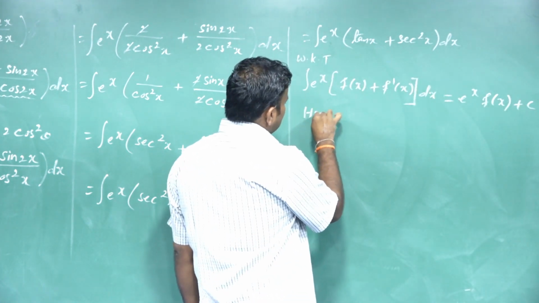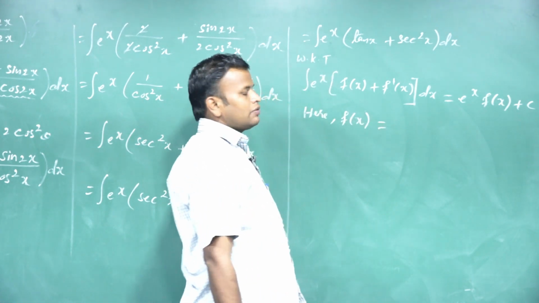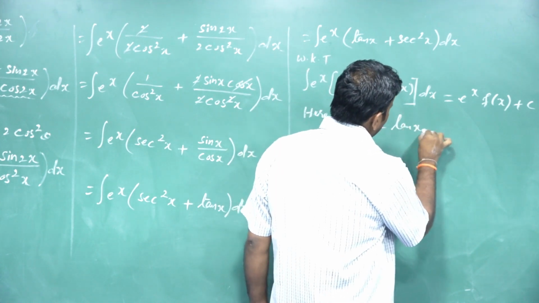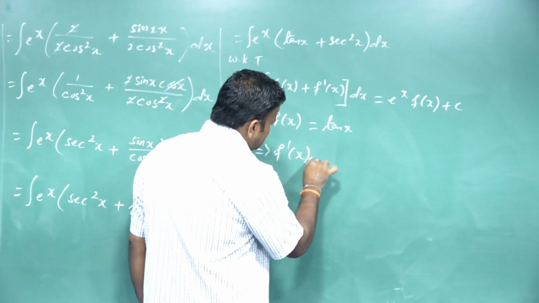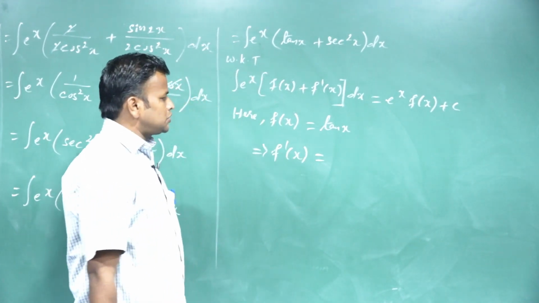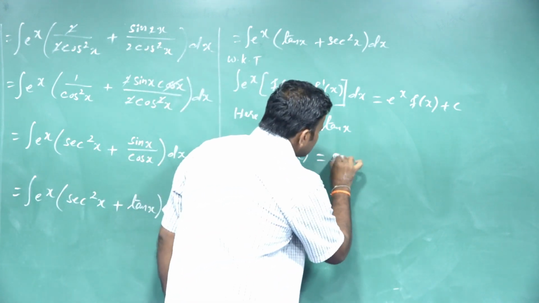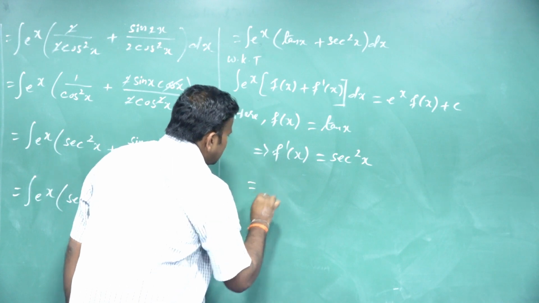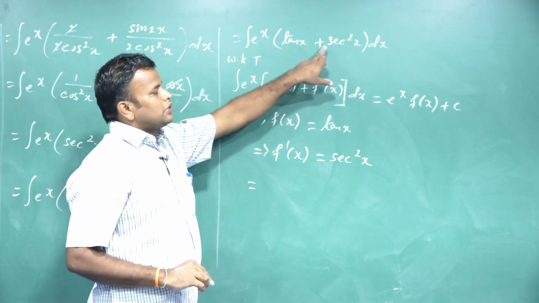Here what is the value of f of x? Here the value of f of x is tan x. Directly we write the answer of f dash of x. F dash of x means the differentiating of f of x. The differentiating of tan x is secant square x. So I directly write the answer. So it is of the form e power x, f of x plus f dash of x.